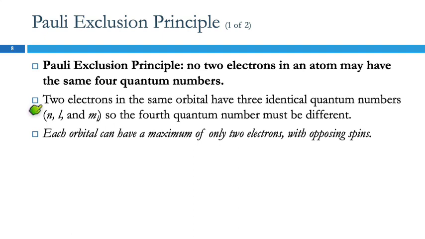If you have 2 electrons that are in the same orbital, 3 of those numbers are going to be identical, n, l, and m sub l. So that means that the 4th one has to be different, and that's the spin. So in the same orbital, one of the electrons will be spin up and one will be spin down. Each orbital can have a maximum of only 2 electrons with opposing spins.